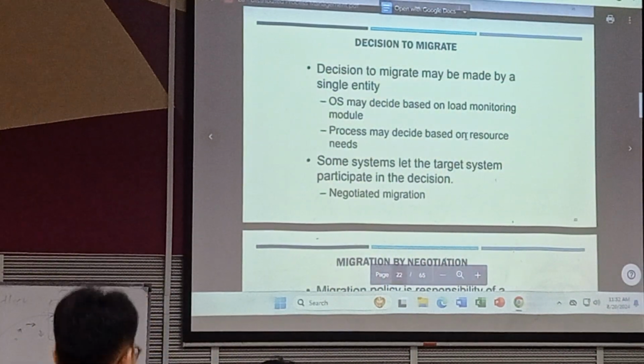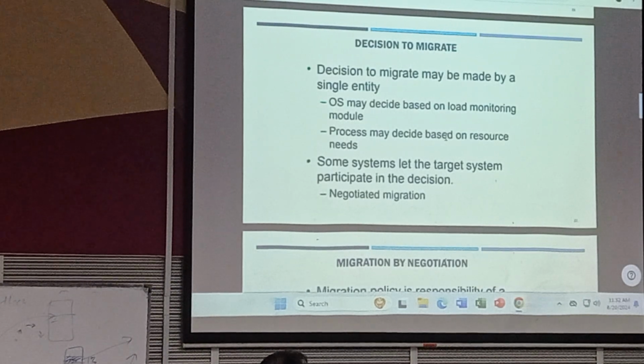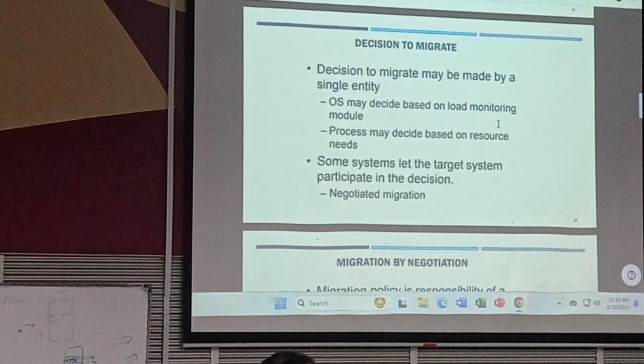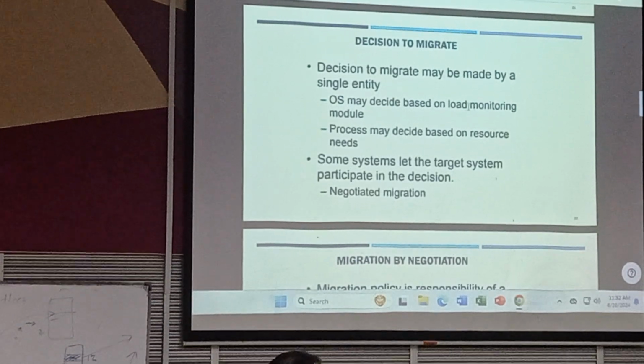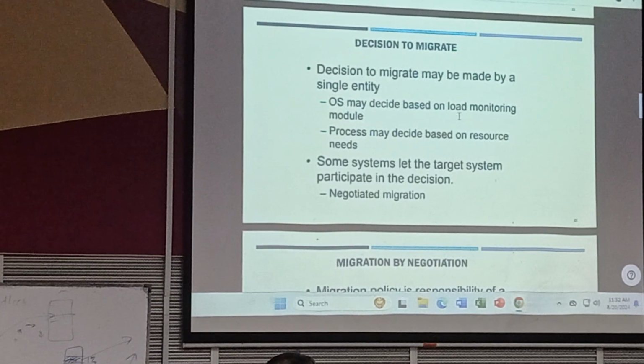Okay, coming back to this migration, who actually decides? Remember I mentioned that the OS or the process decides to migrate. The decision by the OS is quite clear. Most of the time it is because it has to load balance, so it has to decide how to balance or share the resources that are available, which is the CPU.